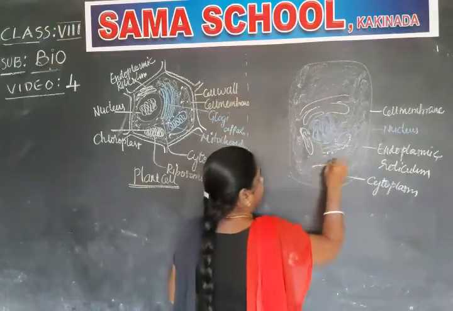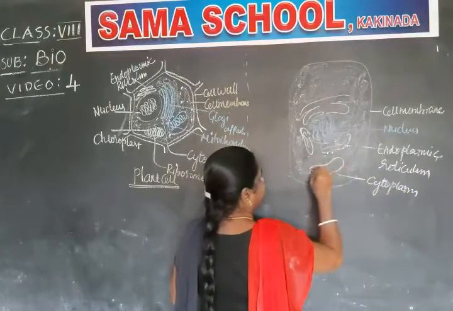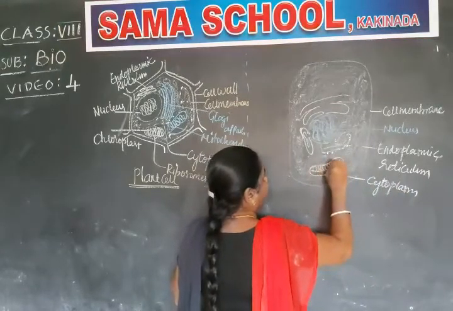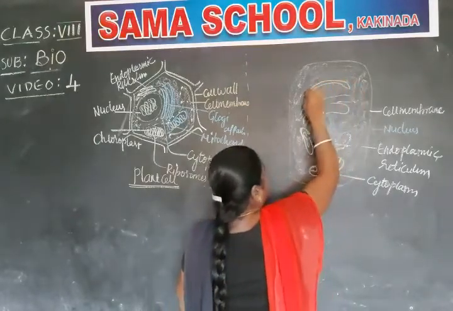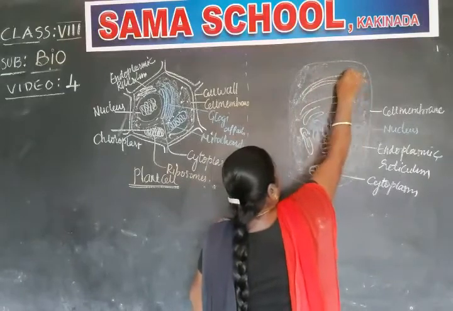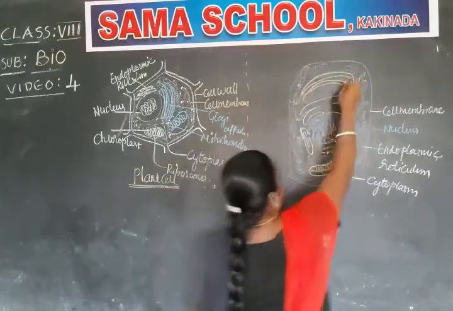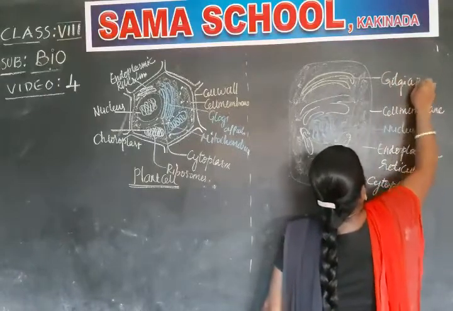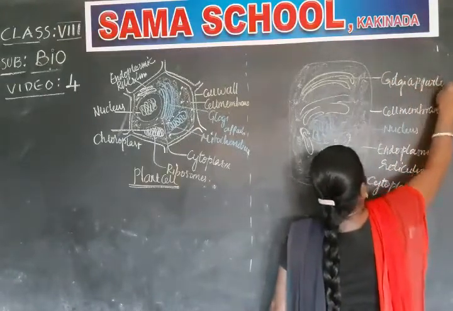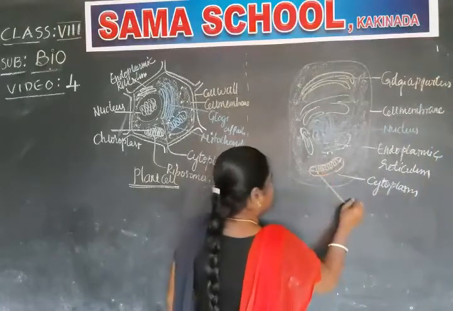Here we are having mitochondria, Golgi apparatus. So this is Golgi apparatus. And this is mitochondria.